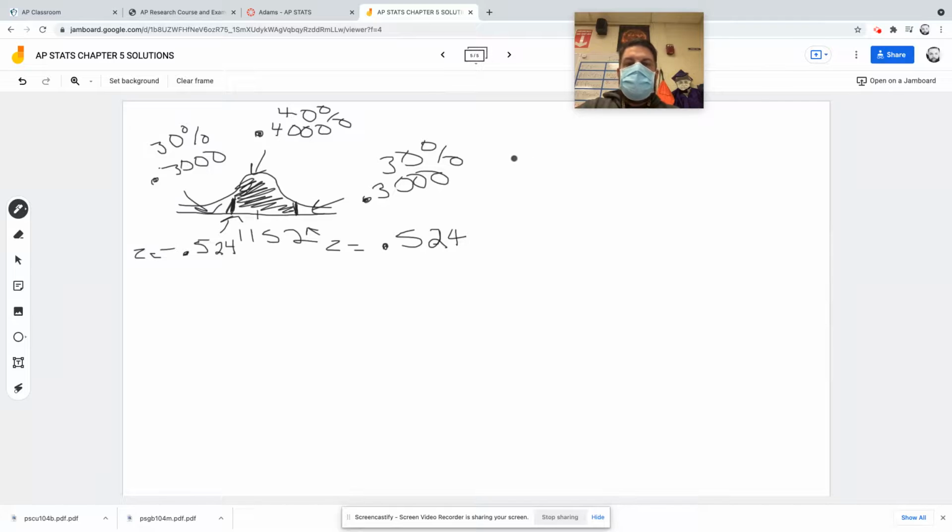So I'm going to crank through and do the math on this. I'm going to say negative 0.524 is equal to y minus mu, which is 1152, divided by sigma, which is 84. Again, I'm going to multiply both sides by 84.